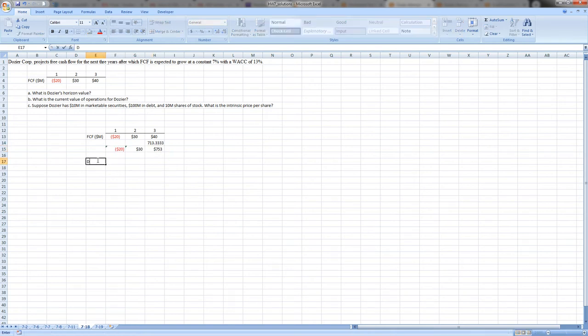Next, what we need to do is discount our cash flows. And we do that by taking each of these cash flows, dividing by 1 plus the WACC, to the power of the respective time period.